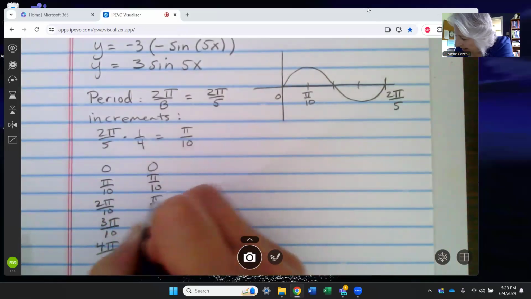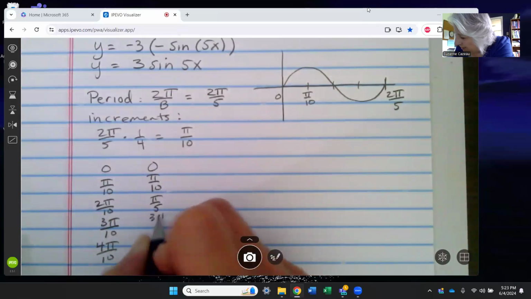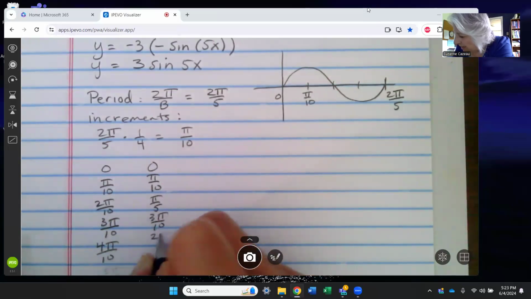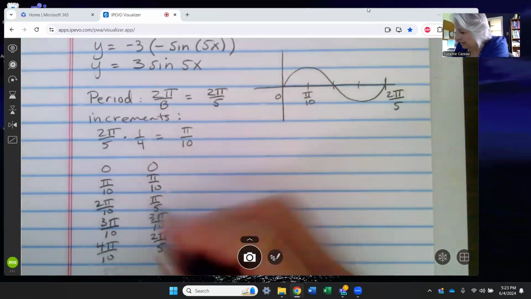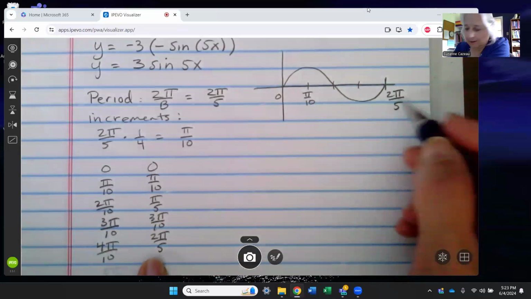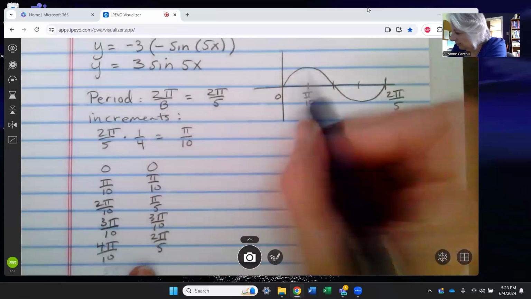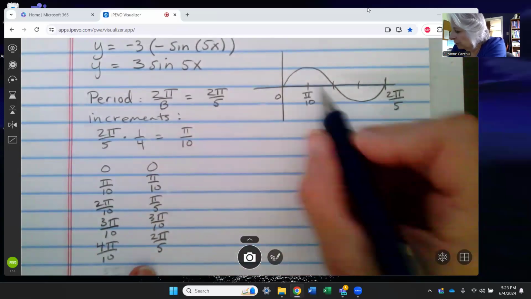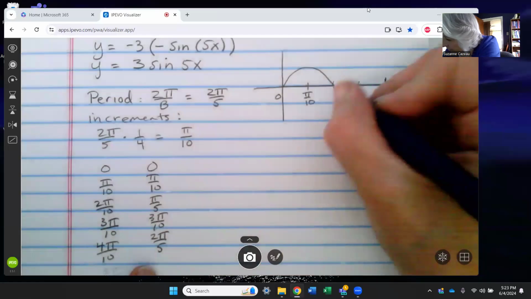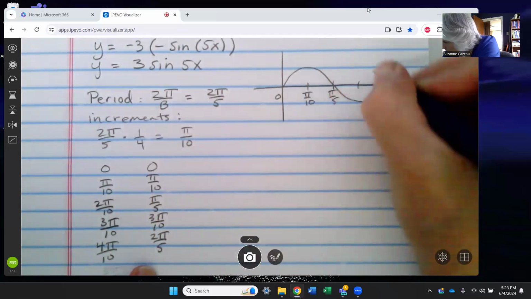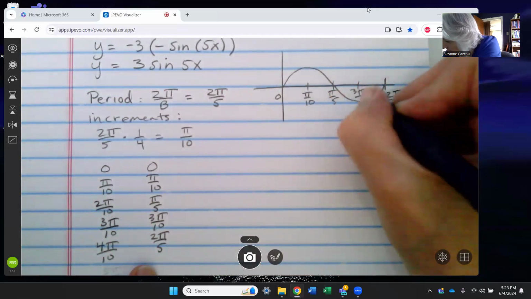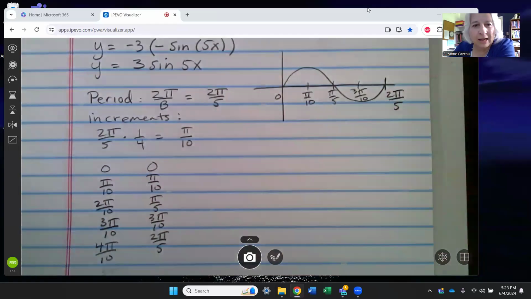This is pi over 5. 3 pi over 10 doesn't reduce. 4 pi over 10 is 2 pi over 5. And that should match what you have over here. So now these are the x coordinates of your ordered pairs. So if you want to fill it in, pi over 5, 3 pi over 10. Okay. So those are my x coordinates.